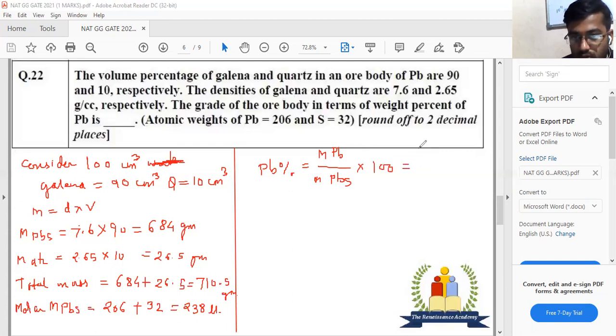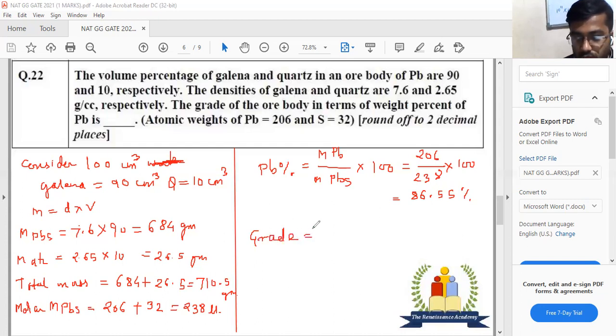So now you have mass of Pb 206, molar mass of PbS 238, multiplied by 100. So you will get Pb percentage 86.55%.